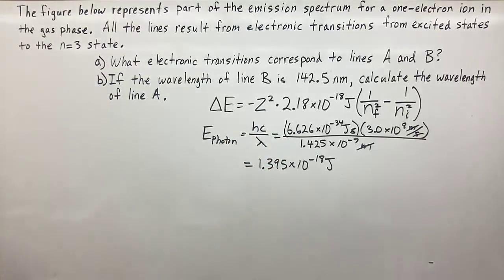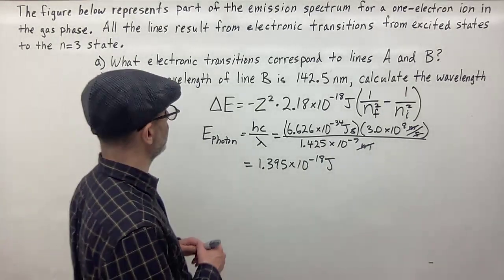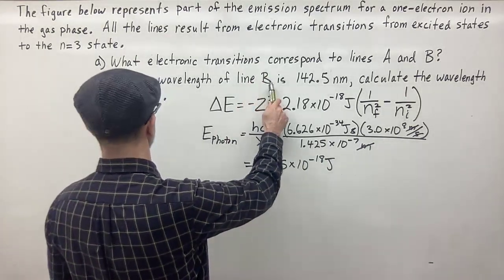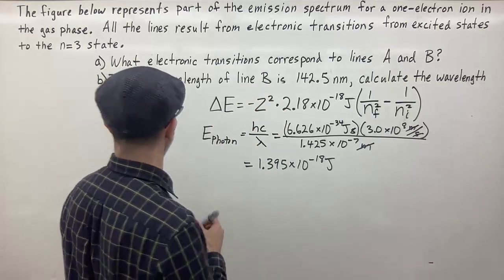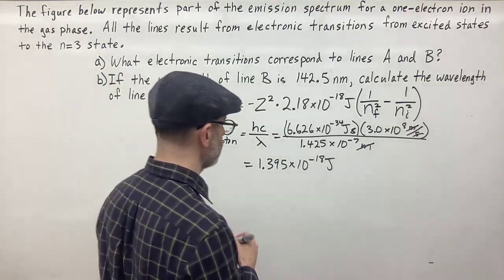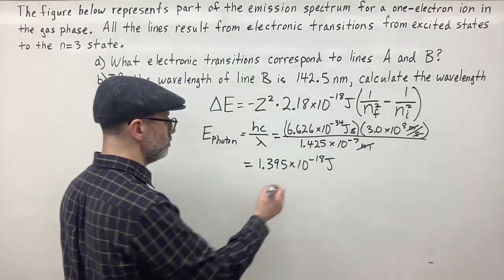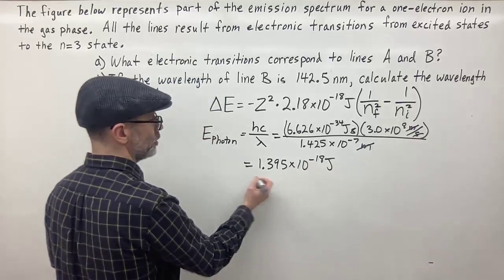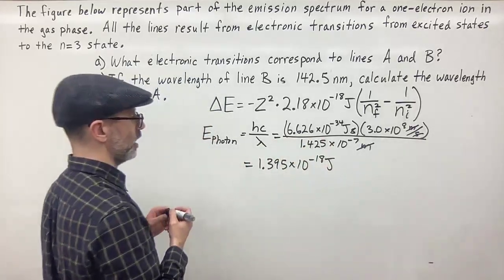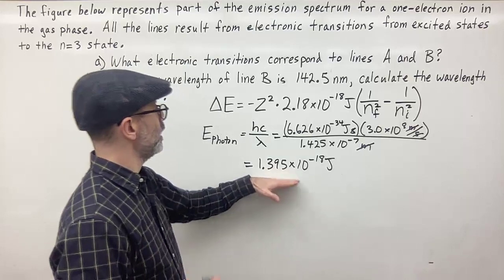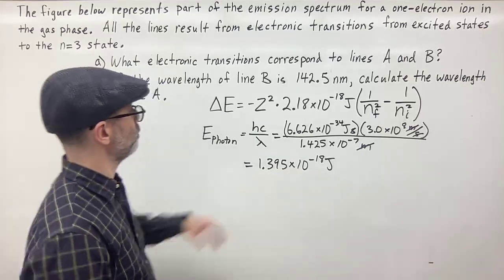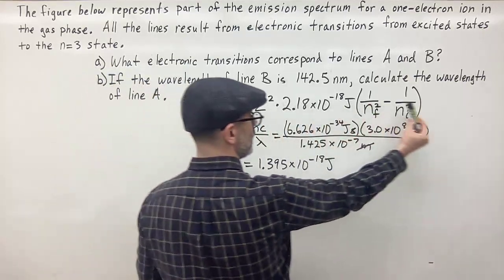So the energy transition was between, I believe, 5 and 3 for B. Okay, so that's the energy that was released, the energy of the photon released. So now we can use this and plug it into our equation here.